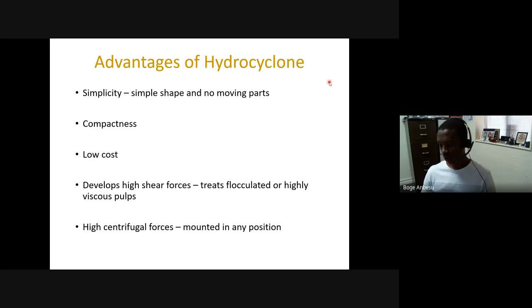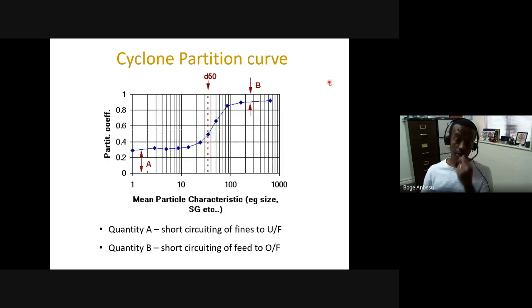So we need to keep an eye on how effective the cyclone is. And for that, we need to take information from the feed particle size distribution and the particle size distribution of the overflow and the underflow. We assess that.